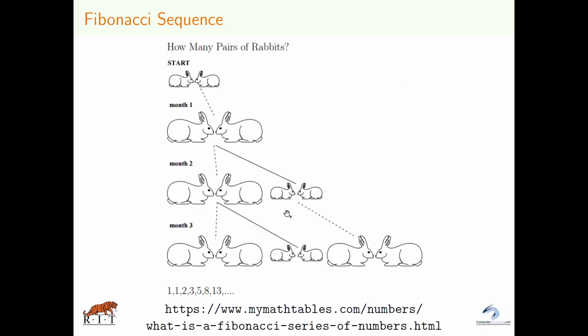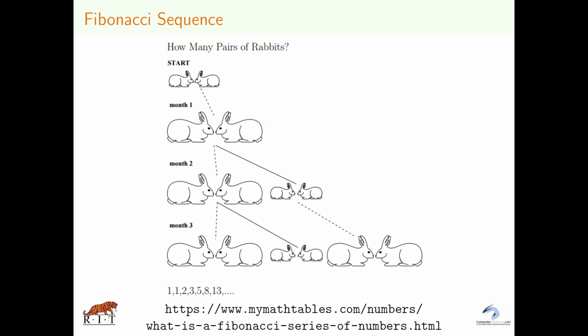Okay, so let's talk about rabbits. Fibonacci numbers. Fibonacci was an Italian mathematician who lived in Florence somewhere in 16th century, and he wanted to ask the question: how many rabbits we will have if we have just one pair after several months?